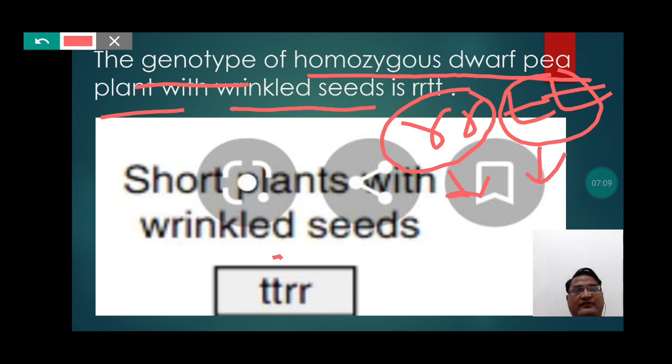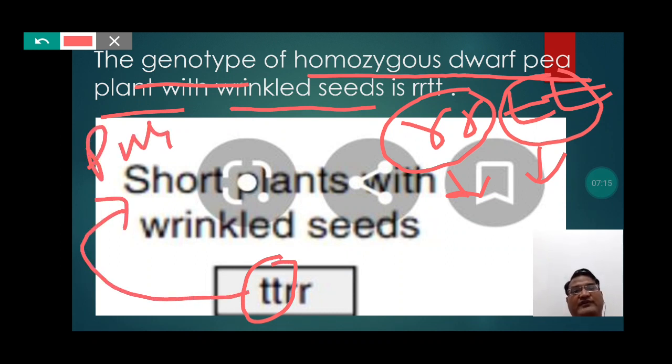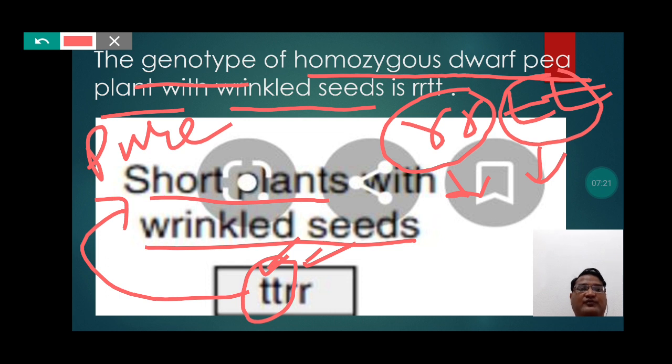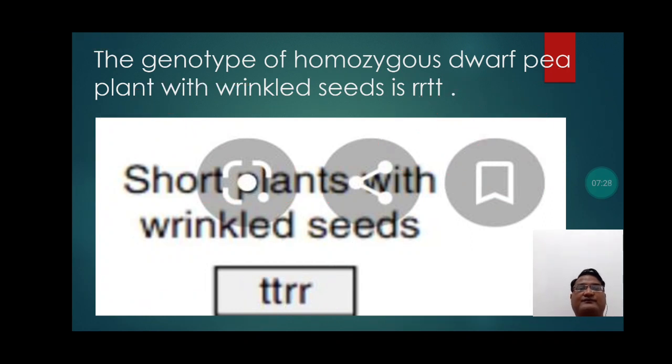So students, here the small t and small r represent two different traits. The small t represents homozygous short plants, because they both are identical genes, and wrinkled seeds because both of them are small r, which is the homozygous wrinkled seed.